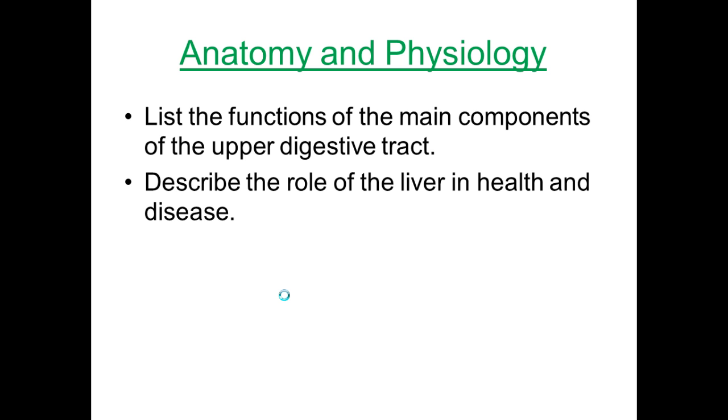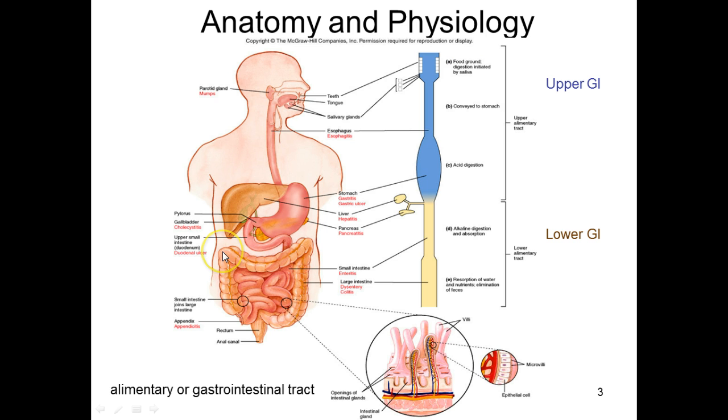So we start out with this particular system and looking at the functions of the main components of our upper digestive and describe the role of the liver in health and disease. So your liver is a component, what we call sometimes an accessory organ to your digestive tract. Remember, your digestive tract is actually considered an external environment for your body.